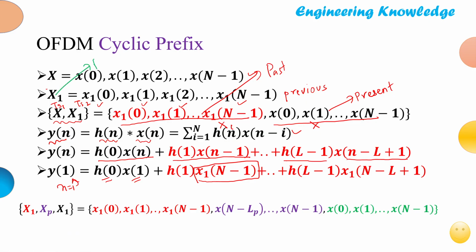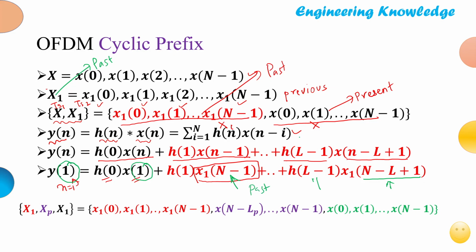Remember, this is the past. So the n minus 1 component will come from the past. Similarly, the n minus l plus 1 components will also come from the past, which means at n equal to 1, to find the output I need the n equal to 1 input and other past inputs.